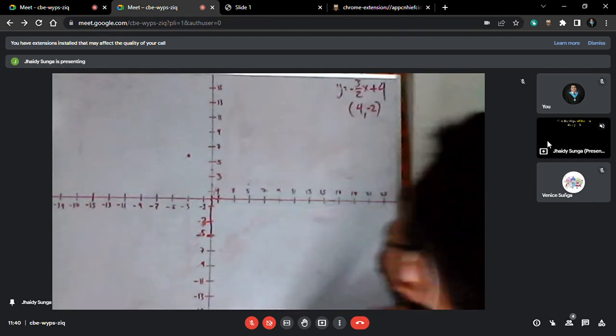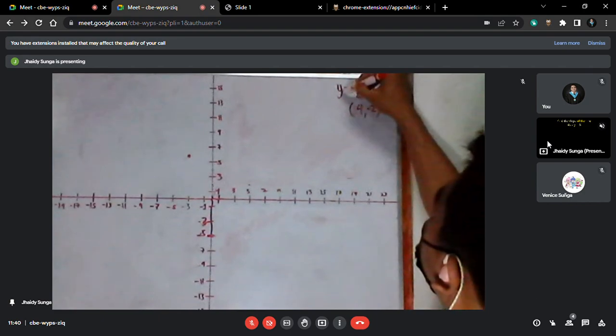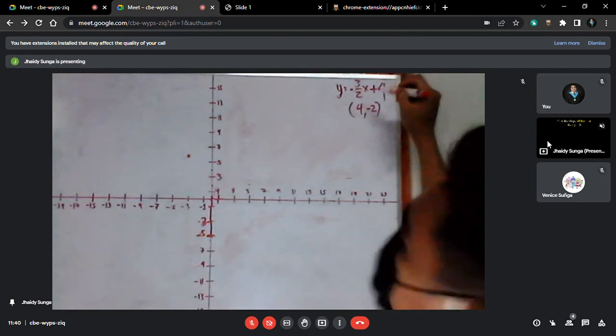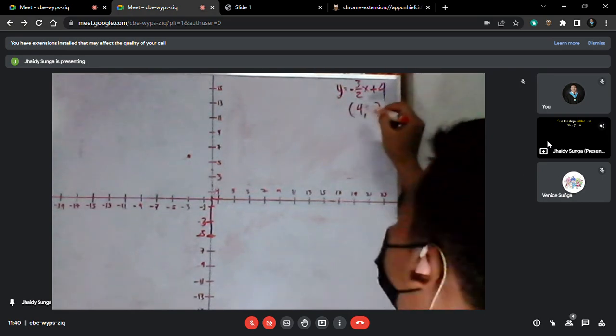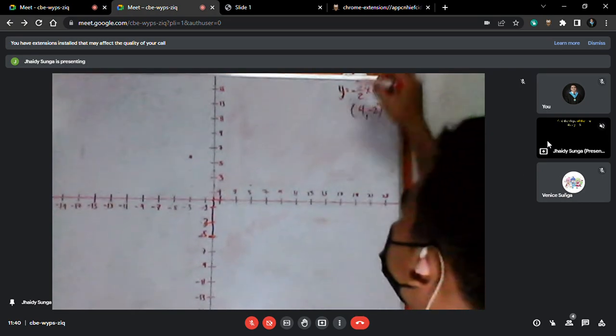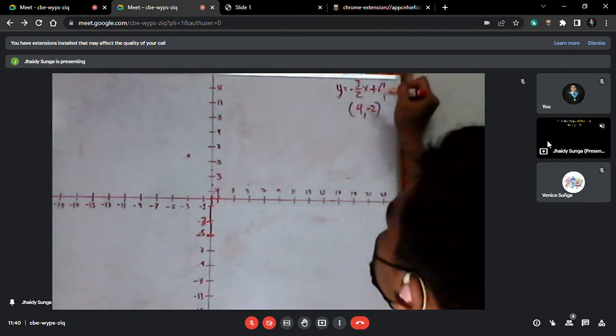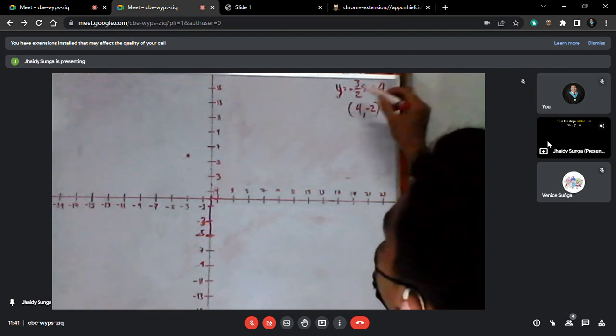From this slope-intercept form, we have negative 3 halves x plus 4, and it says that 4 and negative 2 is on the line. Our slope there is this one.